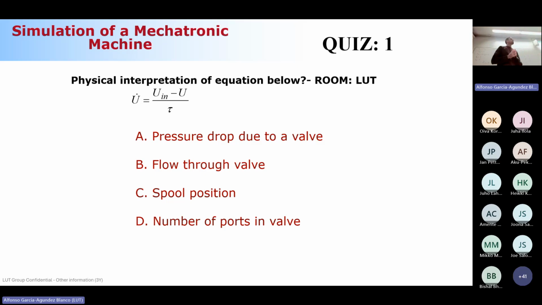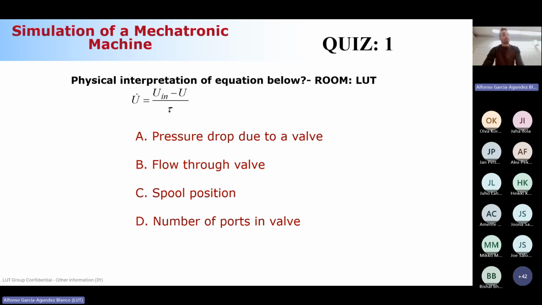Can somebody tell me? This equation? Take into account, where is the pressure drop here? You don't have the variable pressure drop. You have the spool displacement, or the voltage.